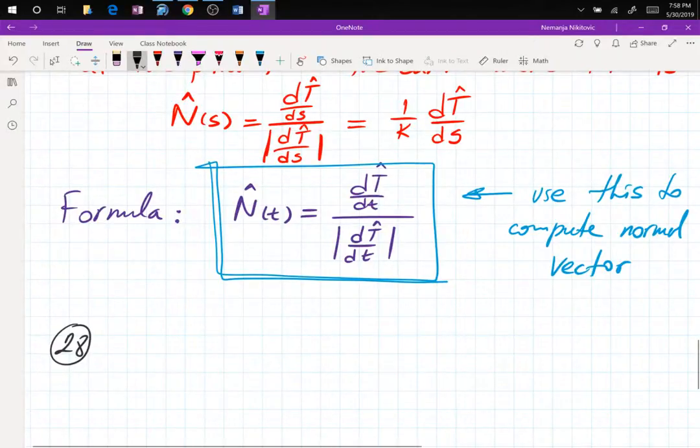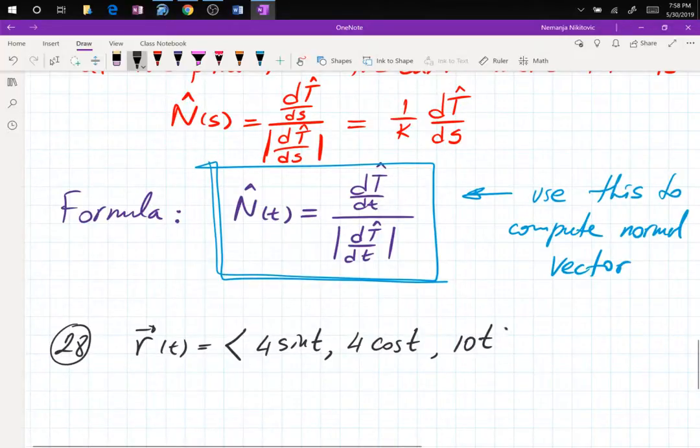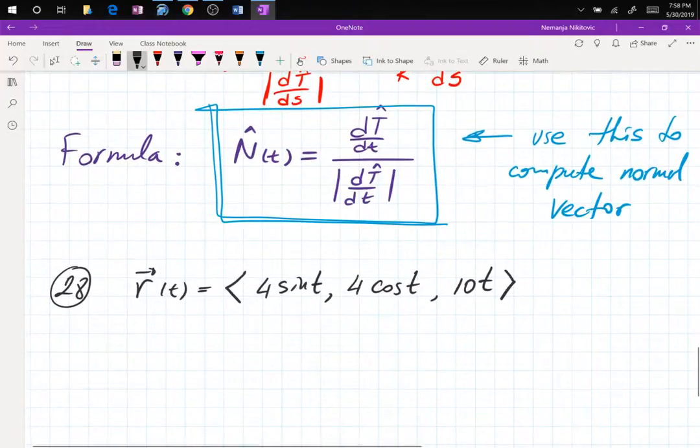Looks good. r of t is given as 4 sine t, 4 cosine t, 10t. What is this? You should know by now. We used it in the last lesson. Great, helix. Wraps around which axis? X, Y, or Z? Z. Good. All right.